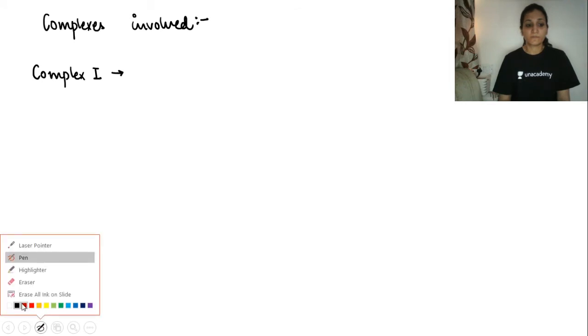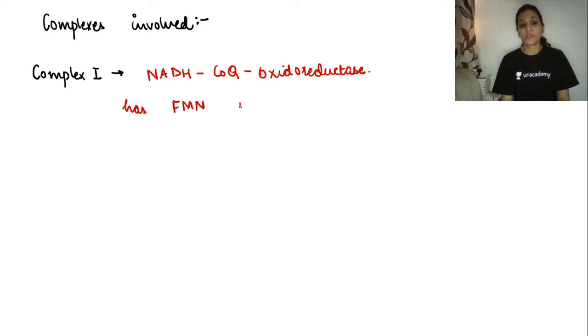Complex 1 is NADH coenzyme Q oxidoreductase, and it has FMN as a prosthetic group.